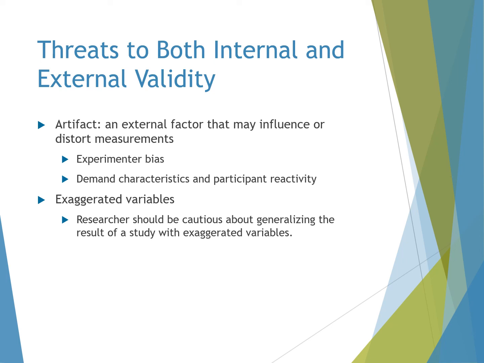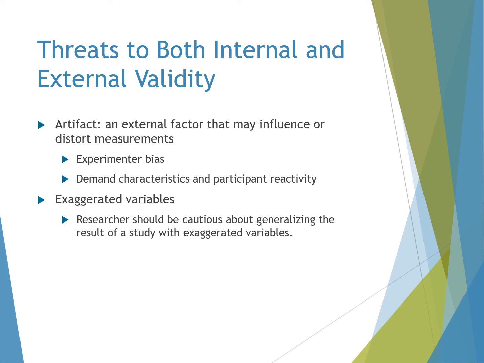Another issue is exaggerated variables, where when the goal is to find the difference between groups on one variable, we create a situation where the differences between groups are really pronounced, but it doesn't necessarily generalize to the real world.